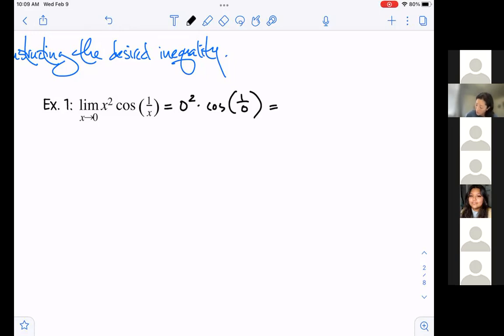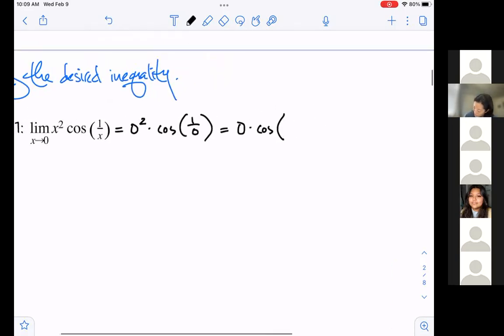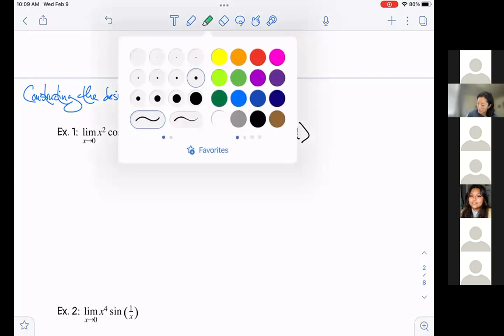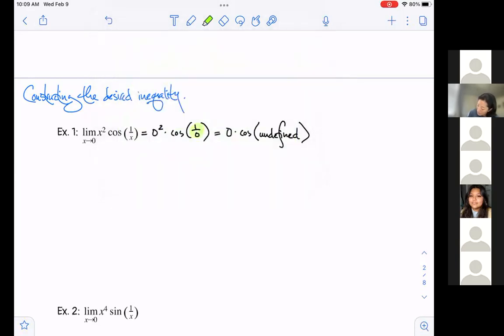I would say 0 squared is 0 times cosine of what's 1 divided by 0? Ah, 1 divided by 0 is not 0, but in fact it is undefined. One over 0, undefined.